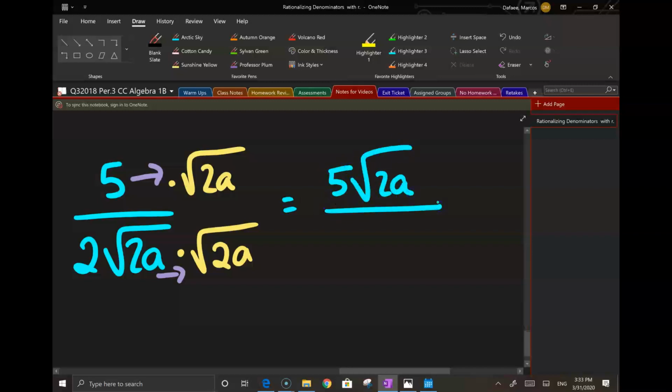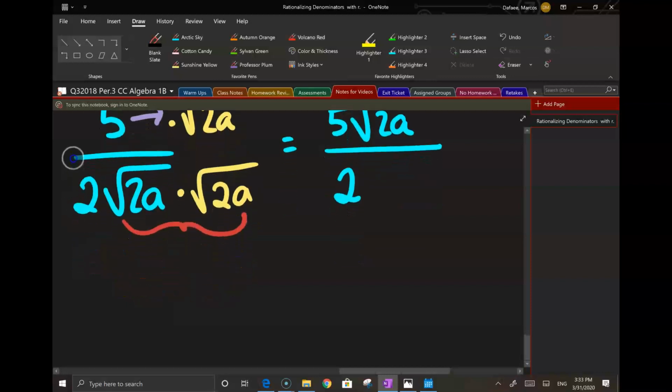And in the denominator, what you're going to have, and I'll slow down over here, this 2, which is this 2 right here, okay? That 2, I'm still putting it in front. However, when I multiply these 2 radical 2's together, what I'm going to get, and I'll put it over here so you can see, what I'm going to get are 2 of them.